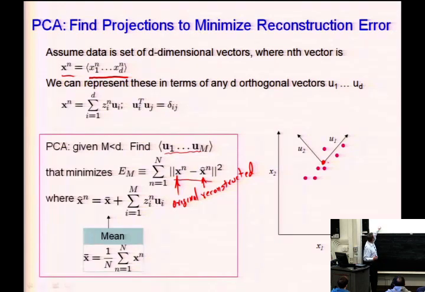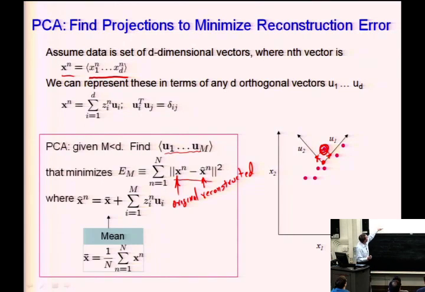And so what we're going to do is we could represent any of those red points as, let's take this one. We could project it onto u1 and say that's its u1 coordinate. We could project it onto u2, that's its u2 coordinate. And then by summing that plus that, we get back this.